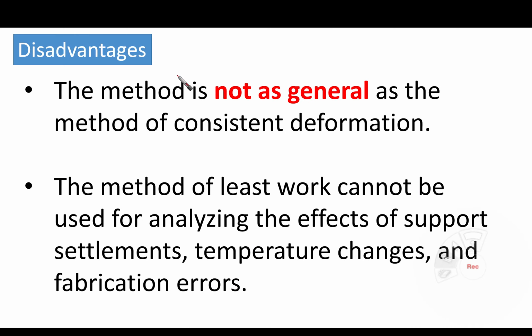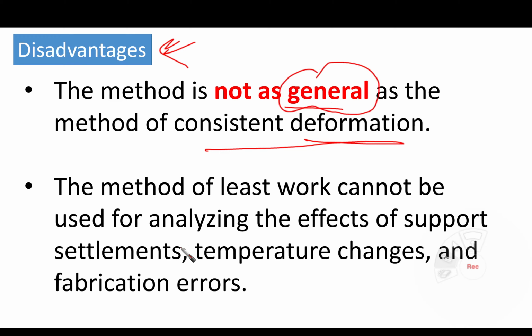Okay, what is the main disadvantage here? The main disadvantage is that it is not as general as the method of consistent deformation. So what is the meaning of the word general here? This means that there are some cases where we cannot apply this method as we can in the consistent deformation method.